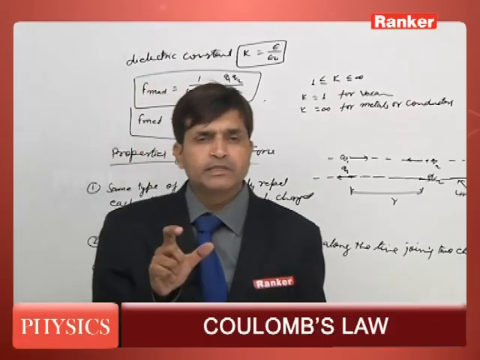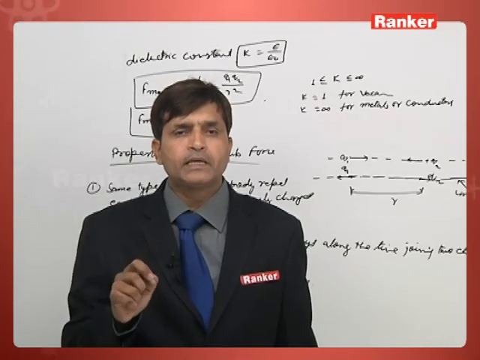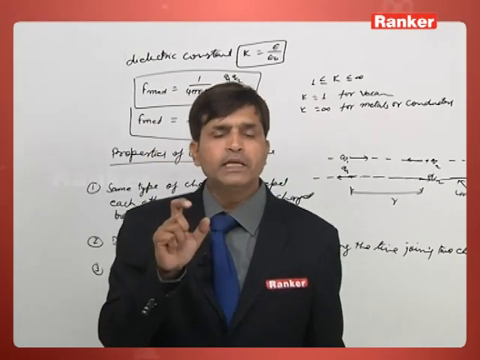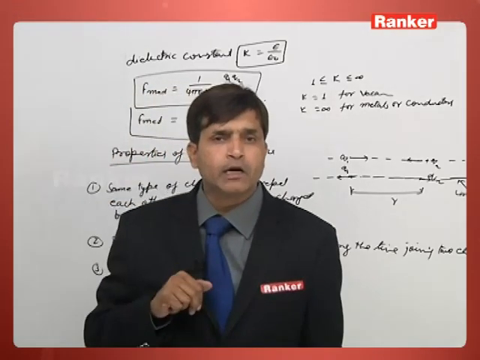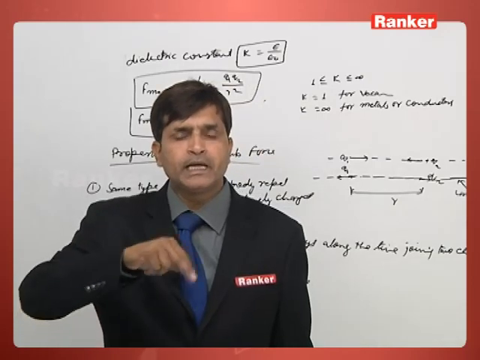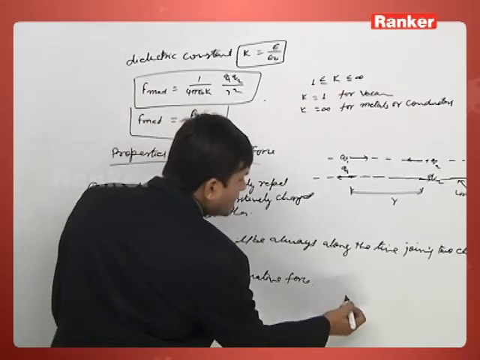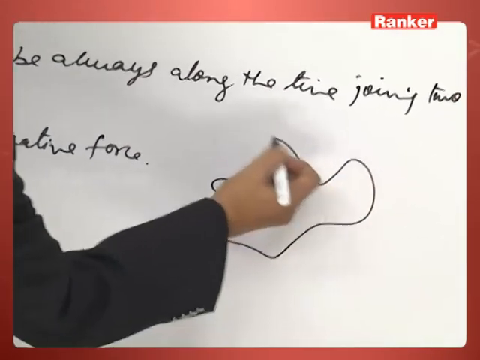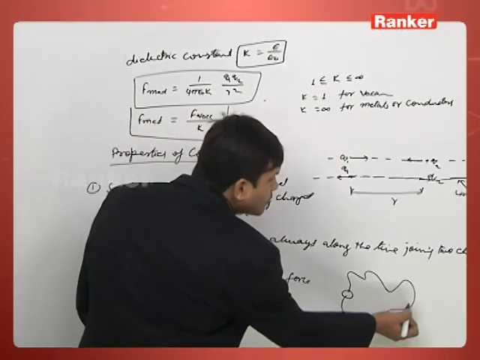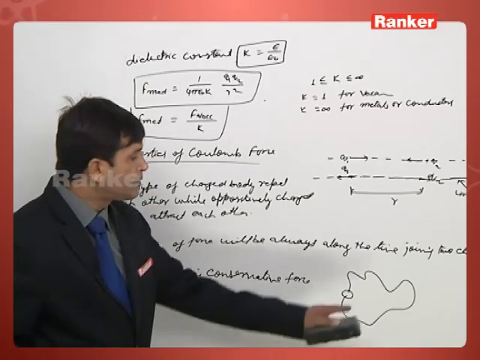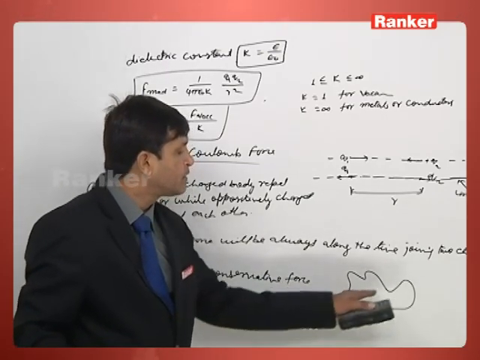The outcome of conservative force is that if any particle or body is moving only under conservative force, in one cycle or one round, meaning starting point and end point are the same. For example, this is a body moving in any path, and that path is a cyclic path. Cyclic path means starting point and end point are the same.